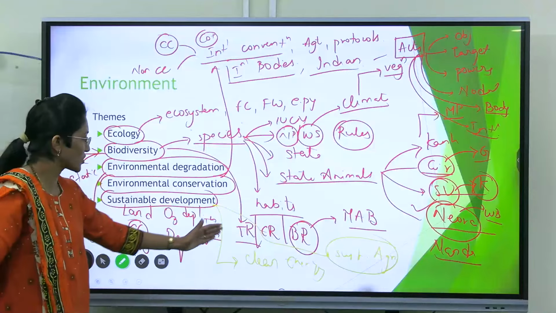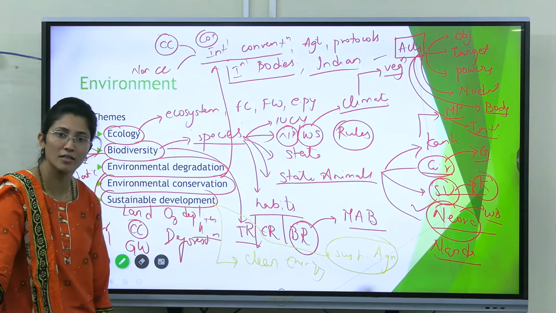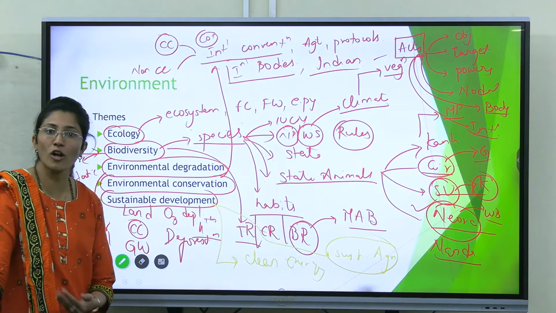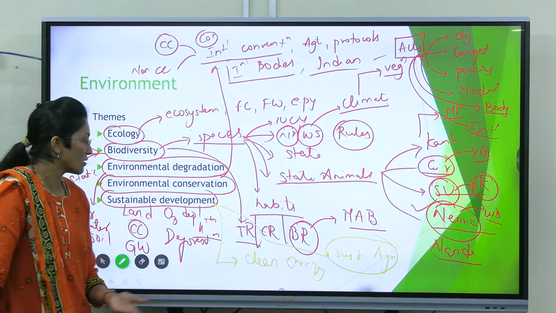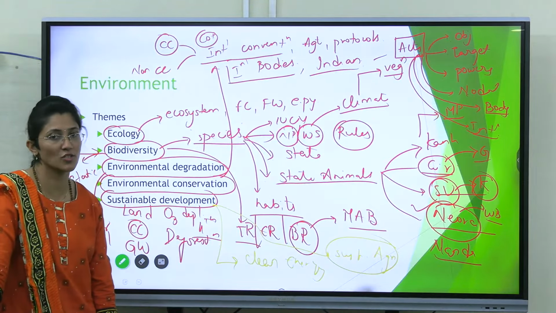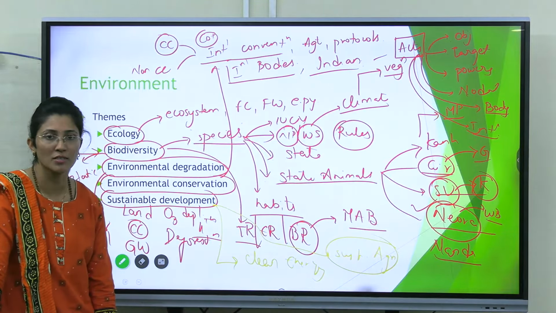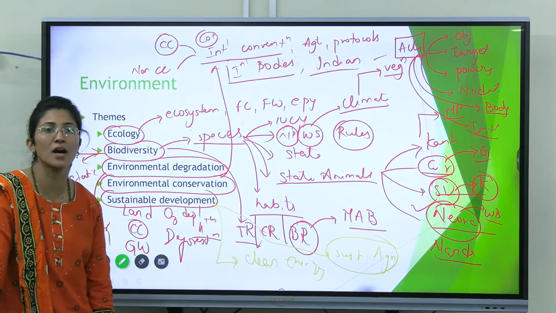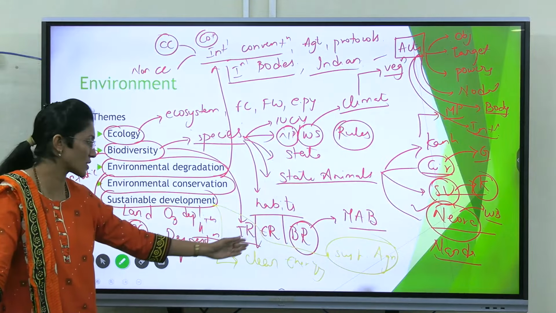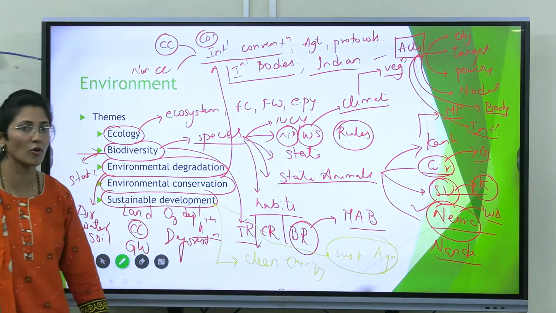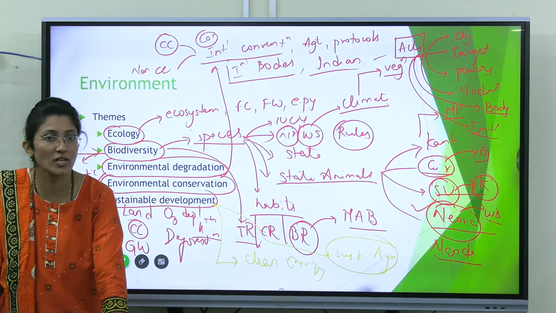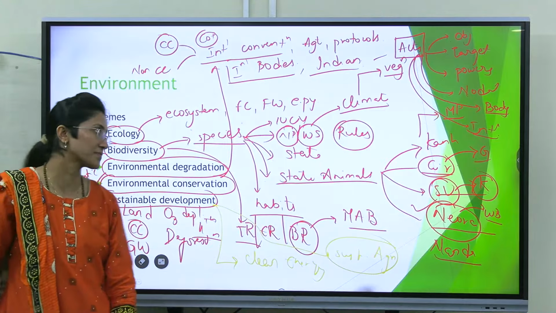We have questions on clean energy like hydrogen, any type of new evolving energy sources, and sustainable agricultural practices like zero budget natural farming, permaculture farming, zero tillage farming, climate smart agriculture, etc. Such questions you can expect from this. Here primarily you have to study renewable energy sources and evolving forms of energy which are clean.